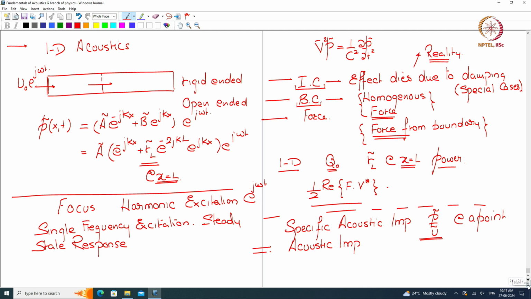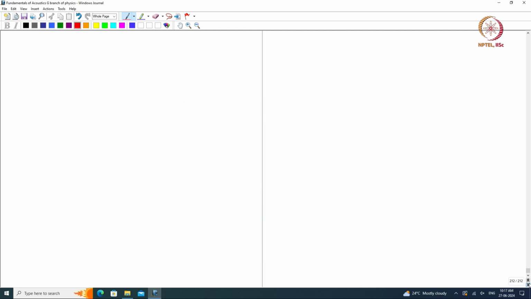Then we moved to the free space Green function, which is a solution to del square plus k square g of r comma r dash is equal to minus delta of r minus r dash.